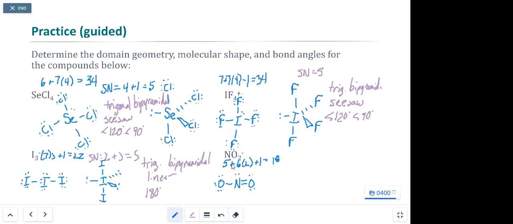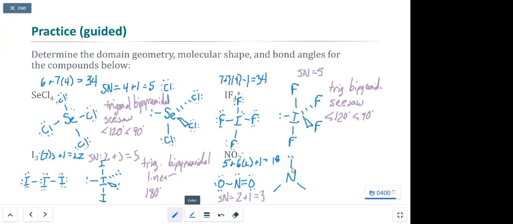So if I look at this from a steric number standpoint, I have 2 bonded atoms, each of those oxygens, plus this extra lone pair. This is 3. We are talking about trigonal planar here. So to redraw this, since all three of those positions are equivalent, where we put the lone pair does not matter.